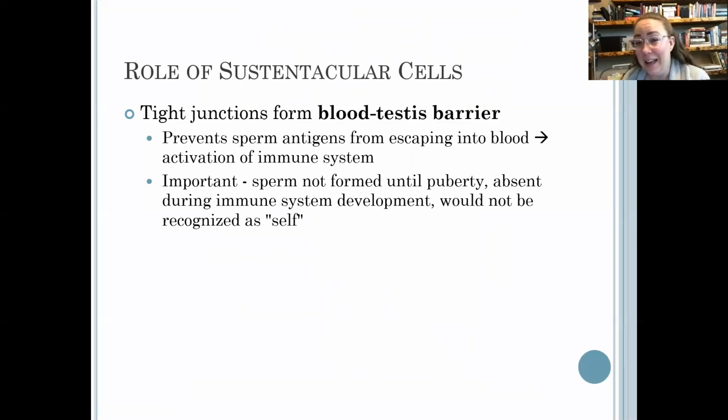So technically, they are viewed by the male immune system as non-self. Even though they are technically self, they are viewed as non-self because they were made after the full development of the immune system. So this blood-testis barrier protects the production of sperm, so they're not being killed by the immune system of that male, right?